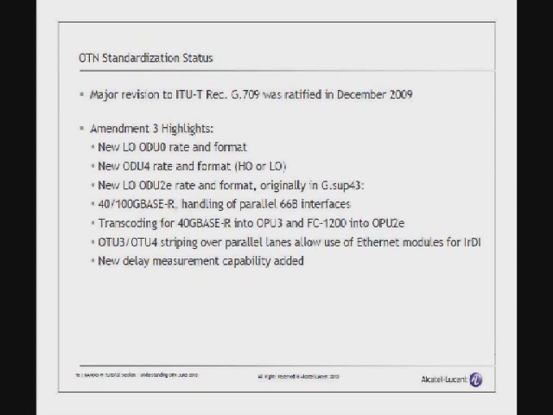The G709 standard, as it stands today with Amendment 3, was ratified at the end of last year, and what Amendment 3 had brought in were the ODU 0 that previously wasn't there, the ODU 4, which is the 100 gig rate, which was not previously there.